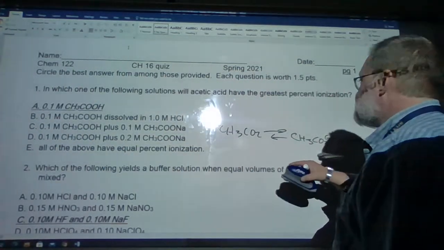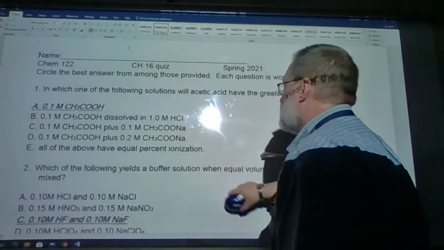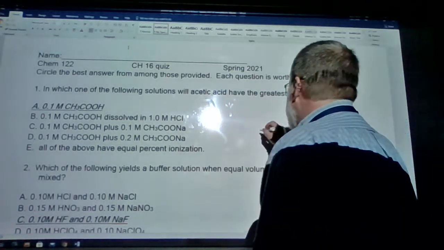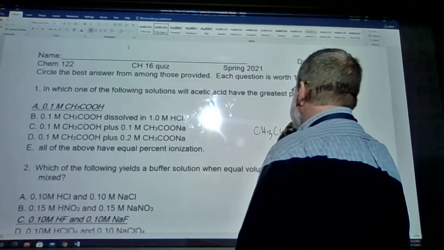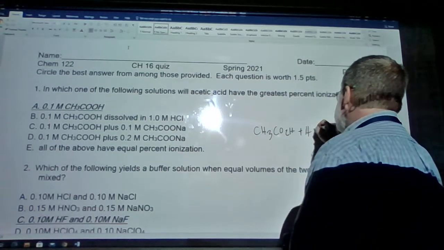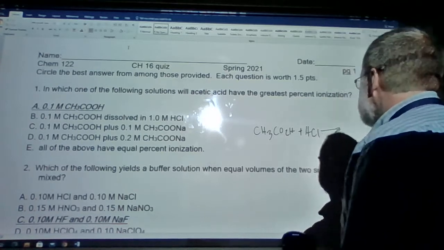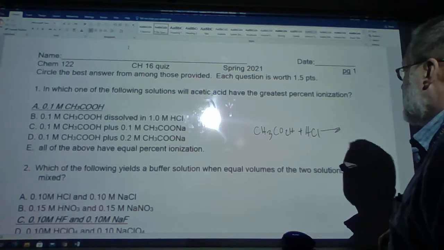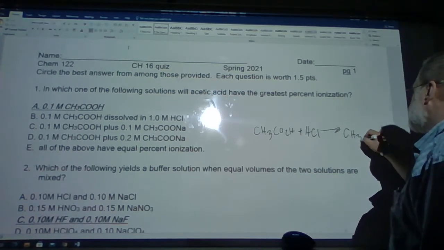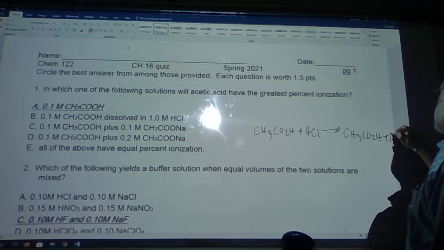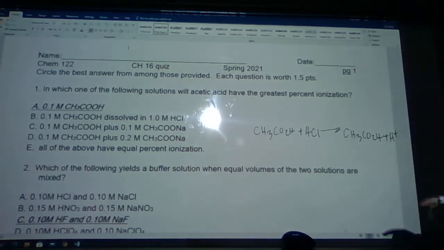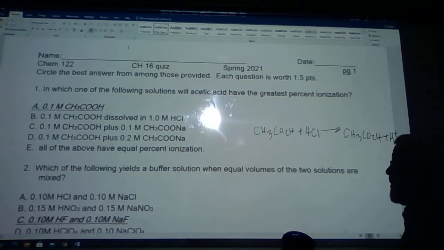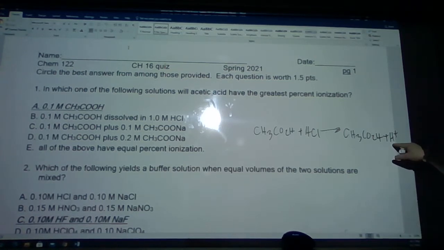Look at acetic acid and HCl. What's going to be present? If acetic acid ionizes, you produce more H+. HCl is going to ionize 100%.